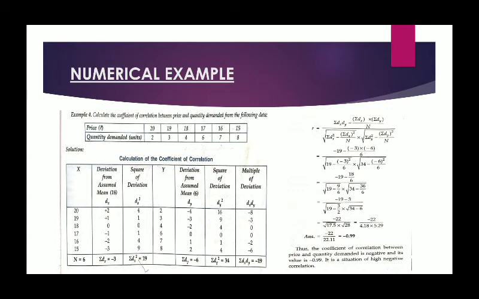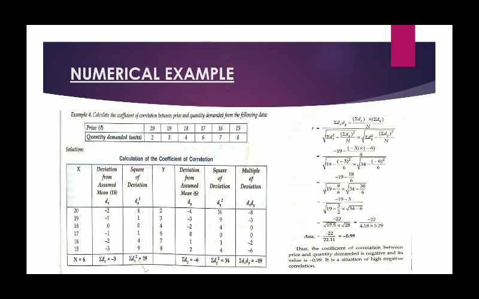After this, in the right hand side portion of the screen, you can see that the value of R is calculated by simply substituting the values of summation dx, summation dy, summation dx square, summation dy square and summation dx dy. By substituting the values you get the answer as minus 0.99. Now as I already told you, you have to write the degree of correlation and direction of correlation.